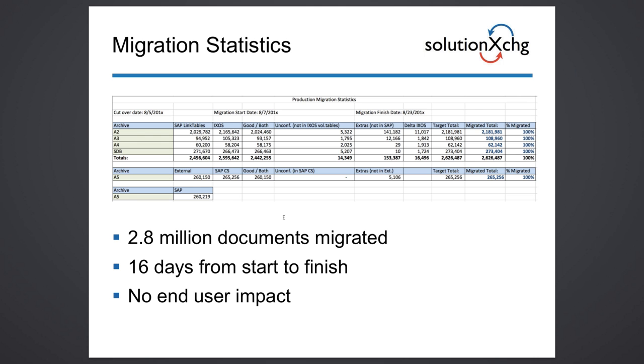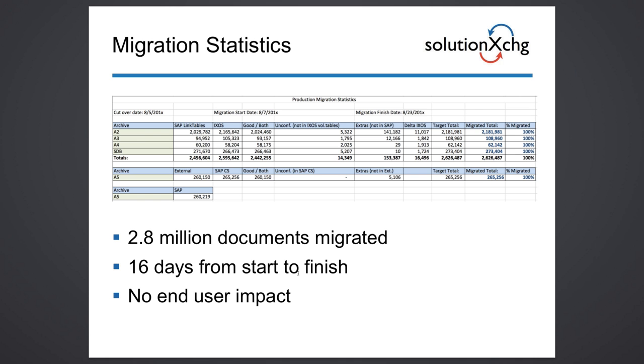In this particular project, we migrated 2.8 million documents in about 16 days from start to finish. Pure migration work. I'm not including the work that needed to be done to stand up the new FileNet archiving system.